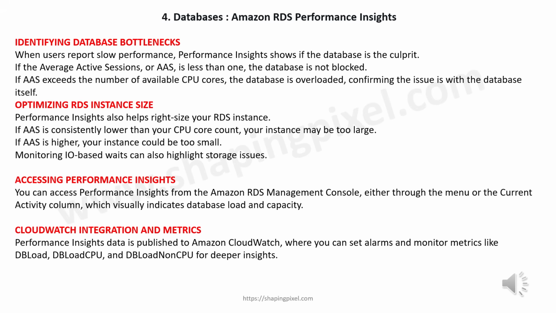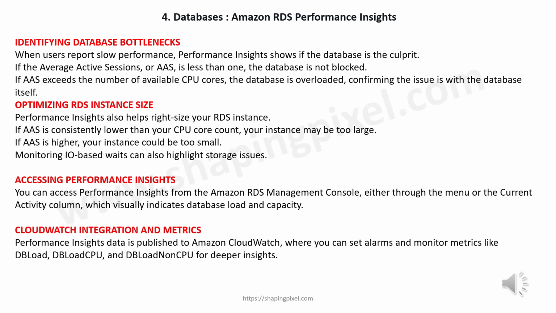Amazon RDS Performance Insights is a powerful tool for monitoring your database performance. It helps you quickly determine if your database is under load, saving you from unnecessary troubleshooting of application software or network connections. When users report slow performance, Performance Insights shows if the database is the culprit.